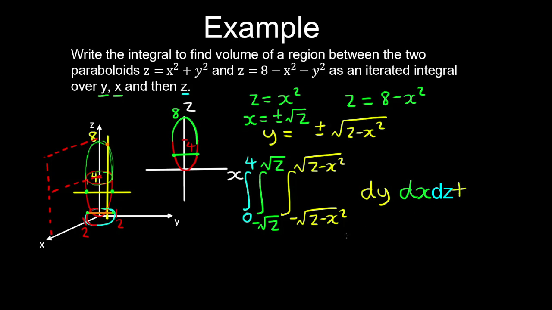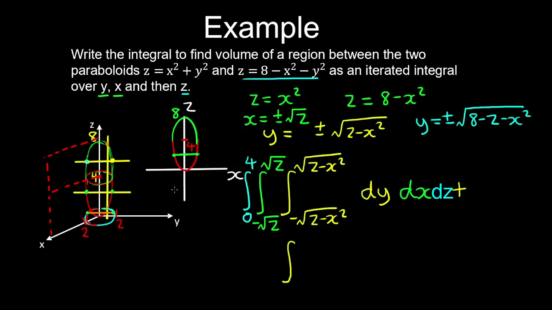And the second integral, from z equals 4 to 8, is evaluated in a similar way. So we take a line parallel to the y-axis that enters and exits the top paraboloid. So writing this equation in terms of y, we get y is plus or minus the square root of 8 minus z minus x squared.